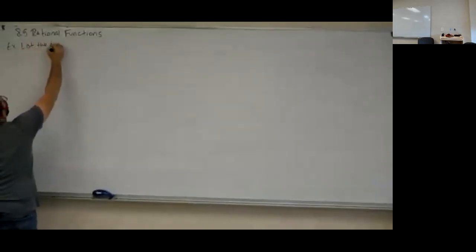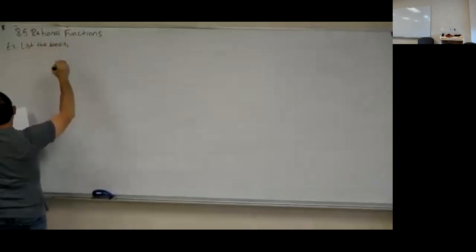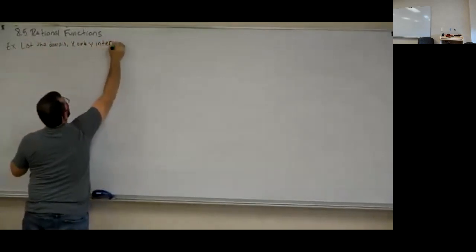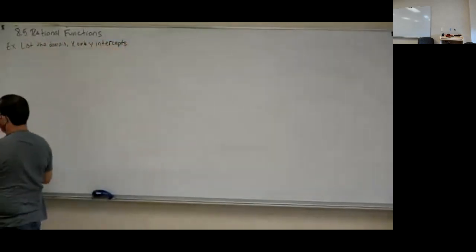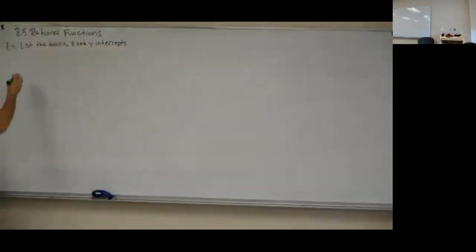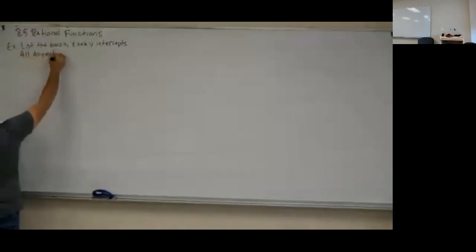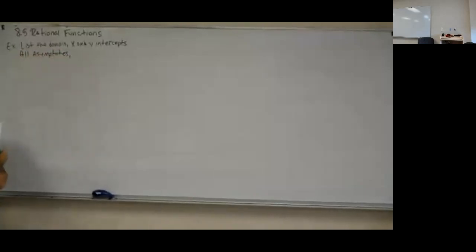All right, so I'm going to do a problem at the end of 8.5. On this problem, I'm going to find the domain, list the domain, find the x and y intercepts, find all asymptotes, and then choose a graph.